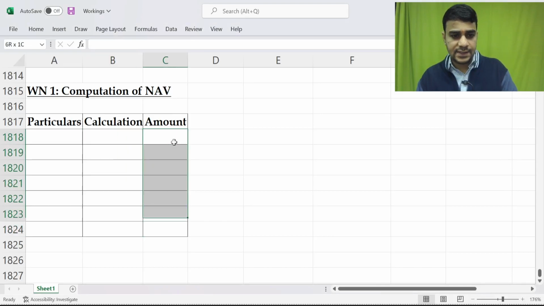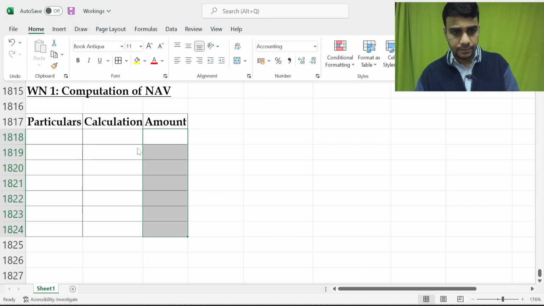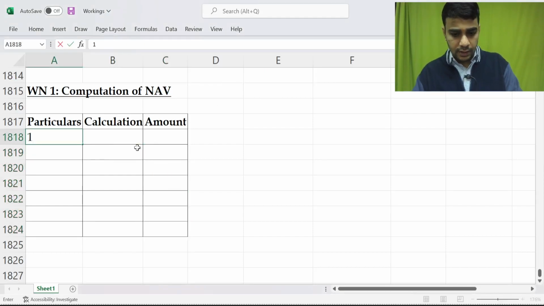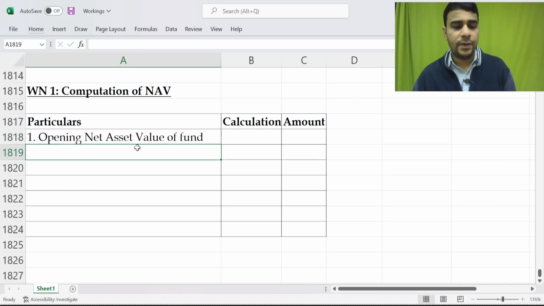Starting point, yesterday's net worth, that is the starting value. You can write it as yesterday's net asset value of fund, or let me use the word opening NAV of fund.